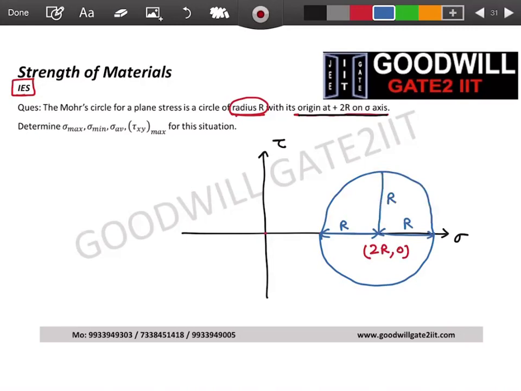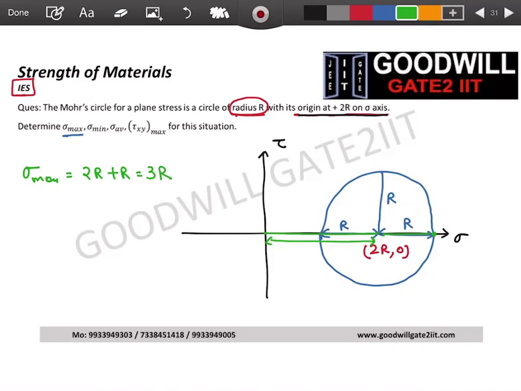Now the question says, please tell me what is sigma max, the maximum value. If you see, this is the maximum value, right? So if this distance is 2r, then 2r plus r is your maximum value.